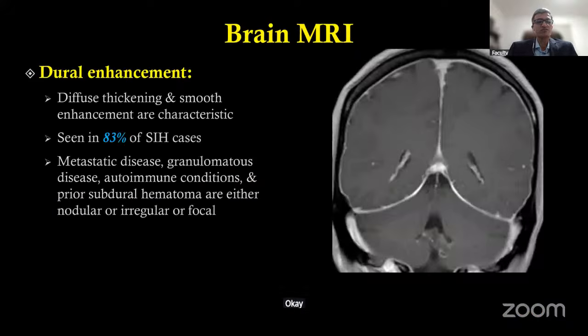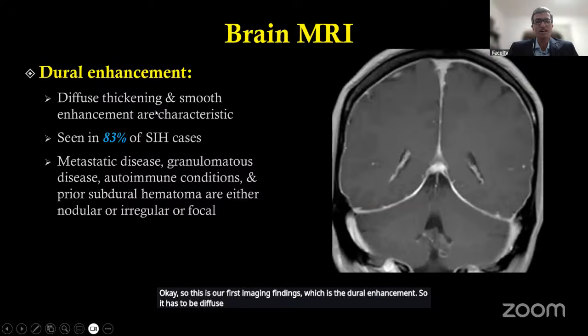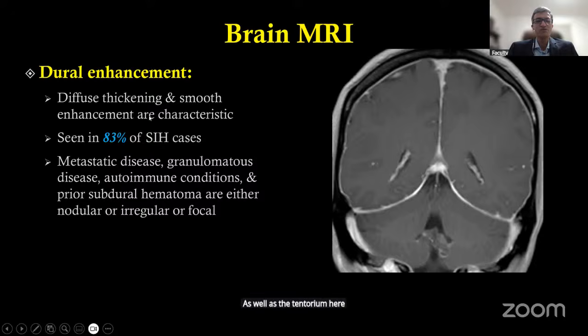So this is our first imaging finding, which is the dural enhancement. It has to be diffuse thickening and smooth enhancement, which are the characteristic imaging findings. If you look at this coronal post-contrast image, you can see the pachymeningeal thickening along the cerebral convexity, as well as the tentorium here, right? This is the most common finding, seen in 83% of the cases.